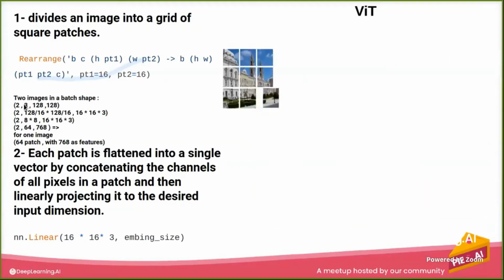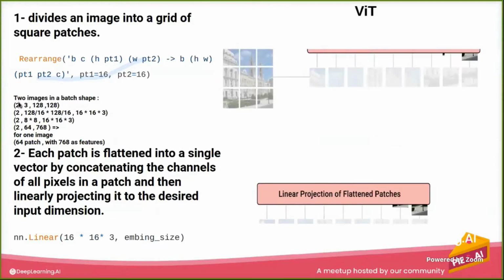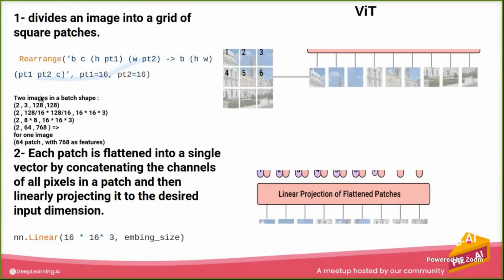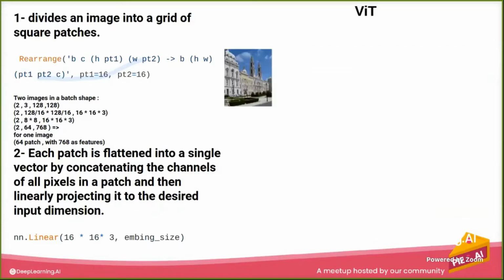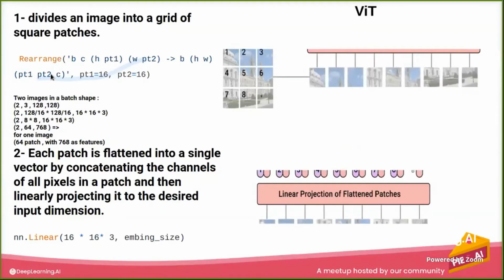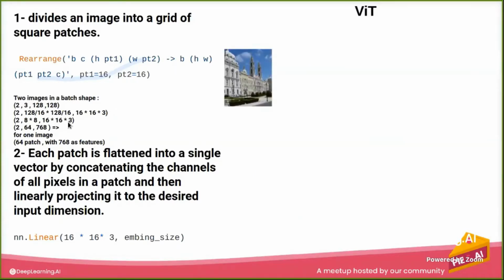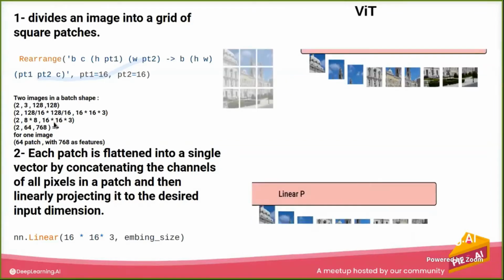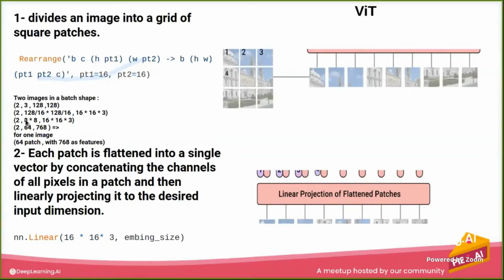For example, if we have two images in the batch, there are 3 color channels, and this is RGB, and we have a height of 128 and similarly for the width. So what will happen is that because we have patches of 16, we are going to take the multiplication of these, the color channel multiplied by 16 and 16, and this 8 and 8 is coming from the division of 128.